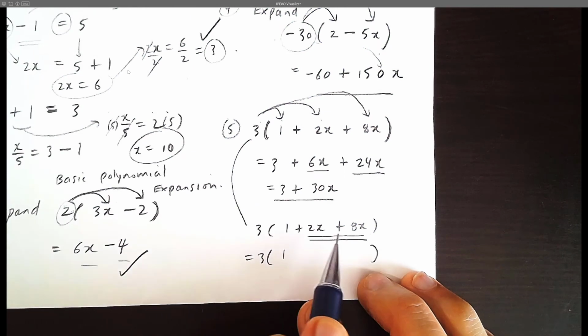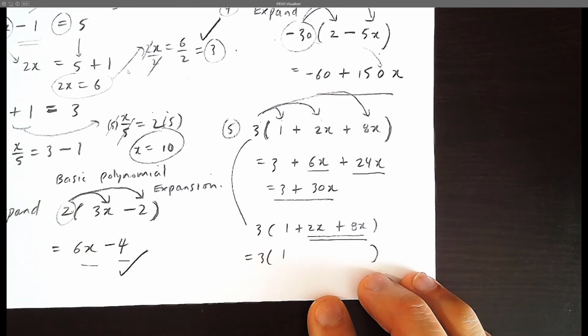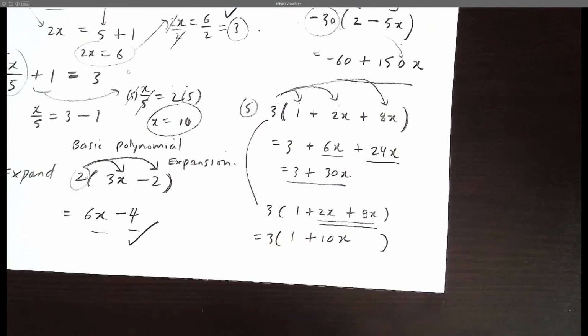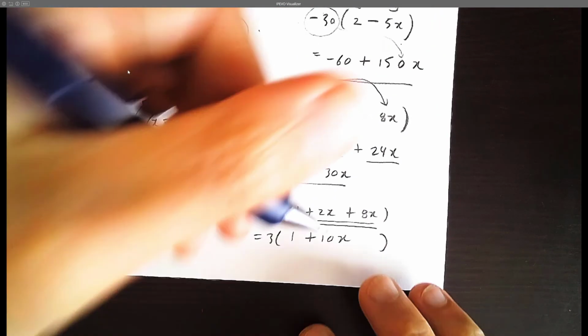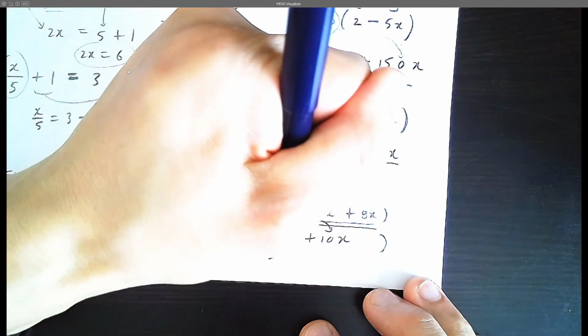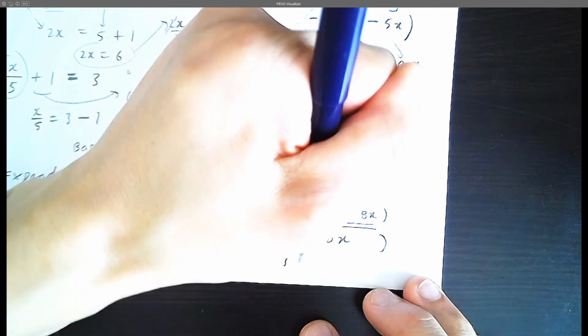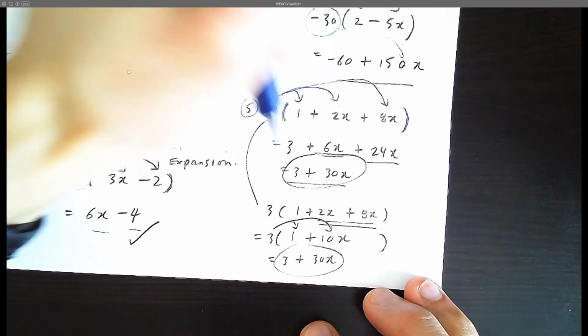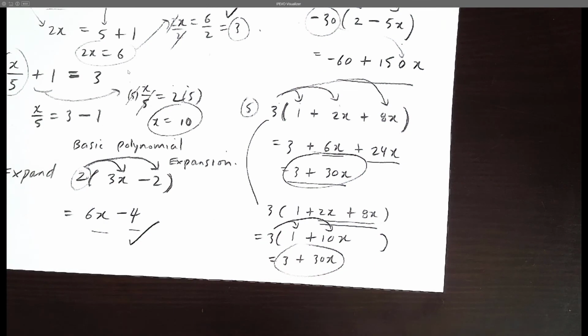What is 2 x-ray machines plus 8 x-ray machines? And the answer is 10 x-ray machines. We can no longer simplify, but you can now feed the dog and feed the cat. 3 times 1 is 3, and 3 times 10x is 30x. And this is our same answer as we did previously. It's up to you how you do it. Great job.